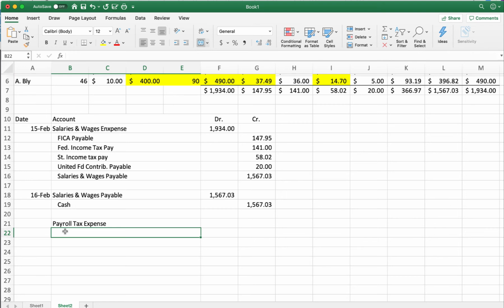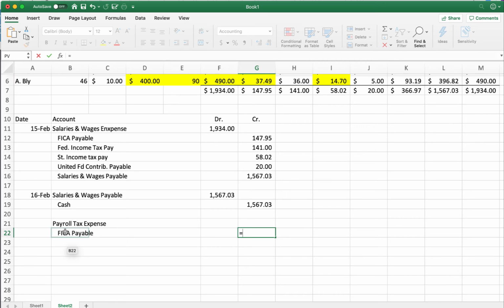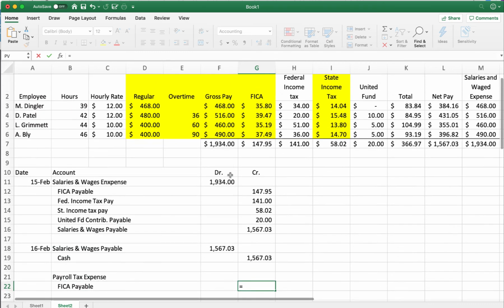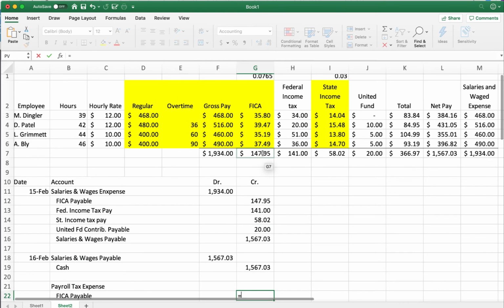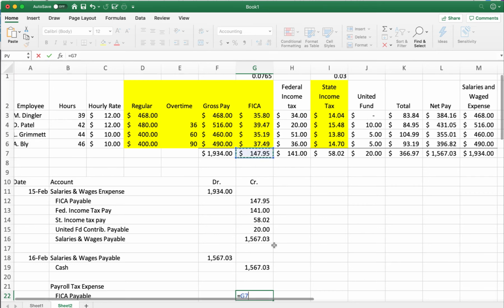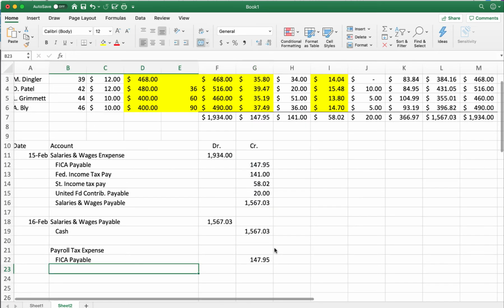As the employer, we have a payroll tax of FICA that we have to pay too. So I'm going to say FICA payable, and that amount needs to be equal to the FICA income tax that we've already calculated, right? So my FICA payable is $147.95.